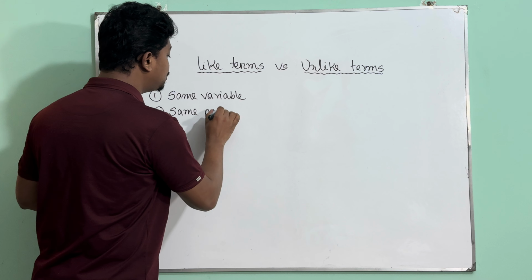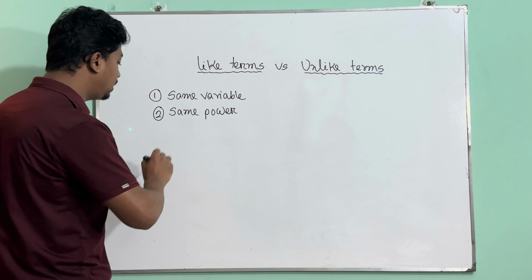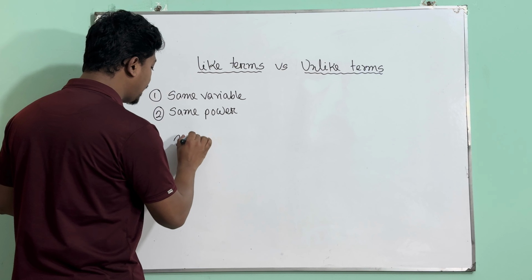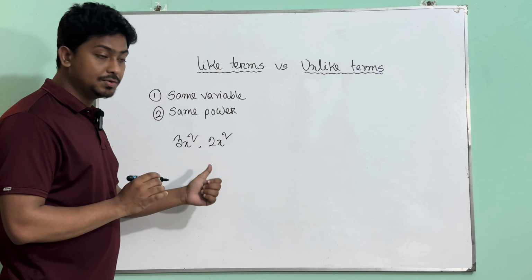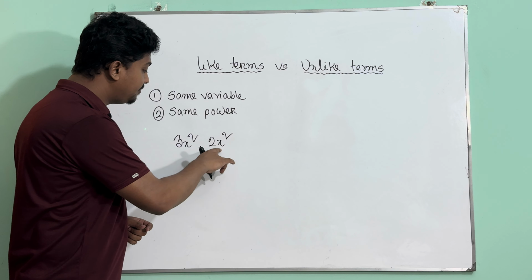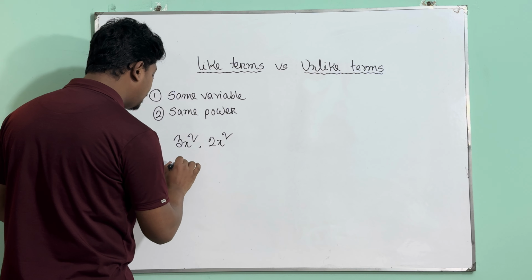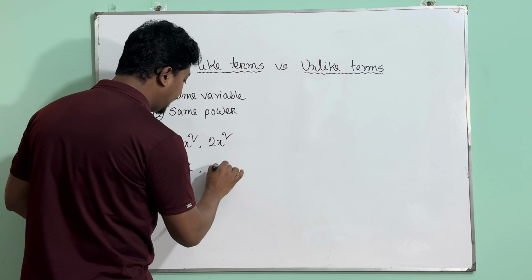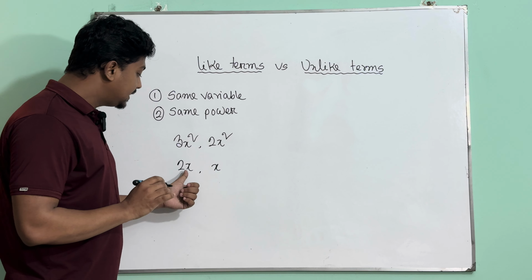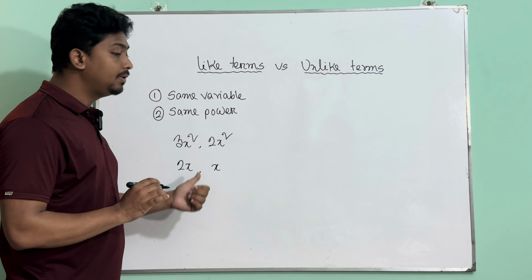If you have these 2 things, then you can say they are like terms. For example, if we have 3x squared and 2x squared, they are like terms. Why? Because we have the same variable and the same power. Just like that, when you have 2x and, let's say, only x, that means 1x, again they have the same variable and the same power, so we call them like terms.